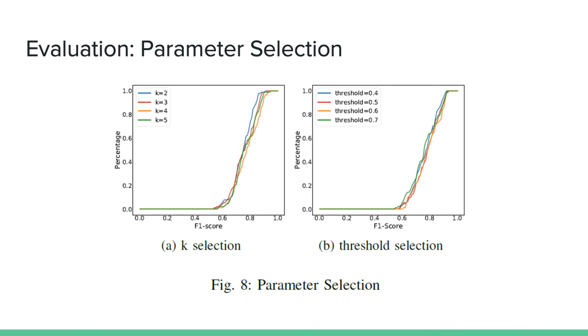They have two parameters: k for the k-hop graph matching, and the threshold for when they consider certain things to be a match. They tuned these and found that k=4 was the best, and threshold 0.6 was the best.